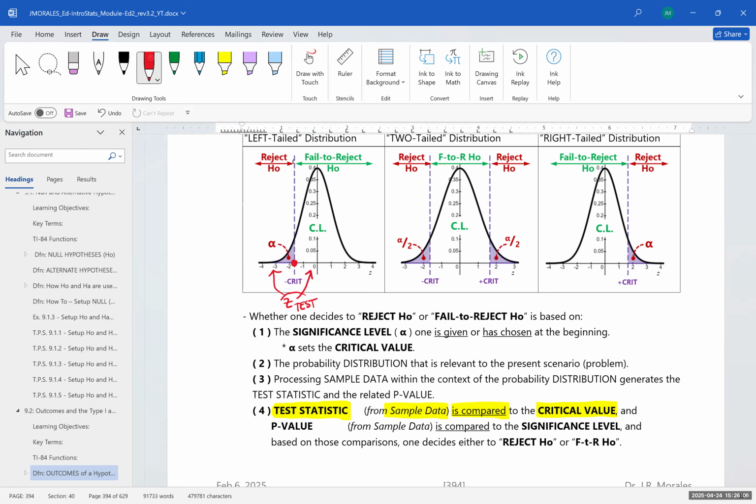If this number was more negative than your critical value, then you're going to end up rejecting the null. Or if this test statistic that you get based off of your sample data is greater than the critical value, that's going to lead you to fail to reject the null.